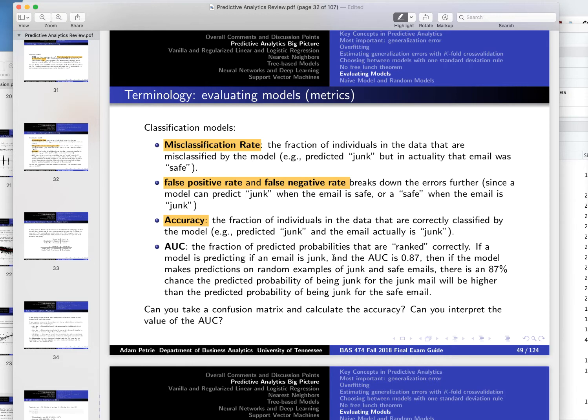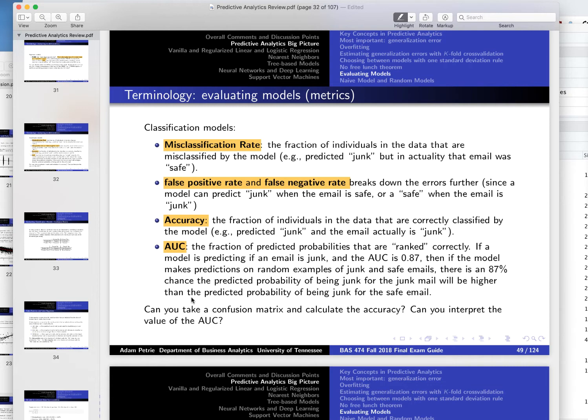In fact, very often when one type of error is more important for us to detect than another, we end up looking at the model's AUC, which stands for area under the curve, and I'll get into that in a second. But it essentially lets us know how well the model is ranking the probabilities.